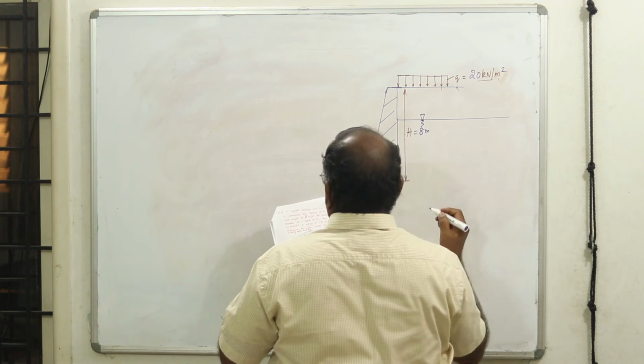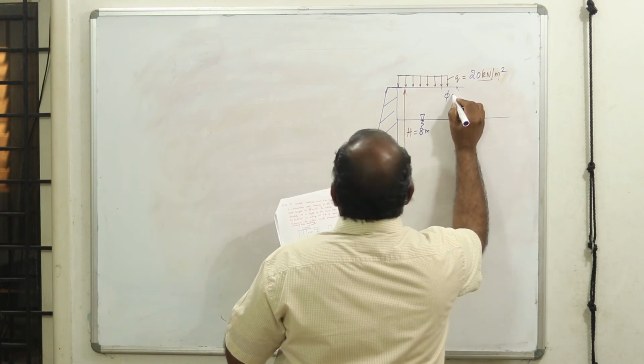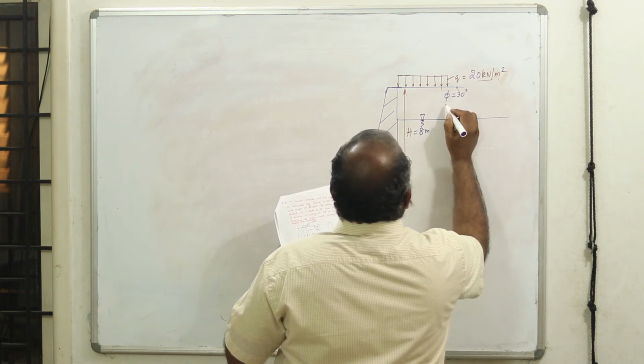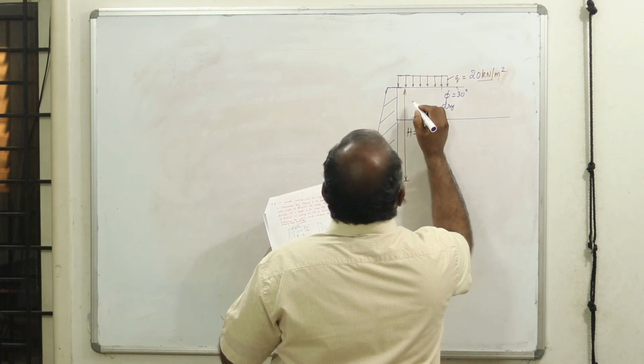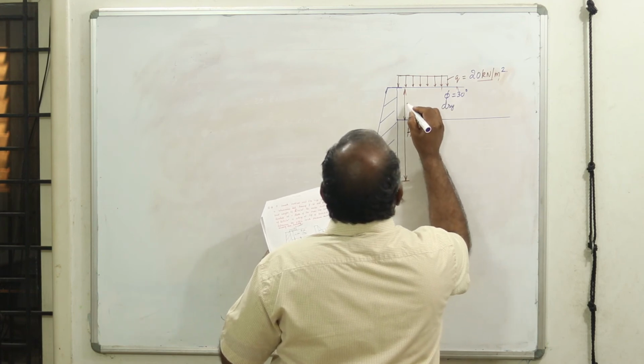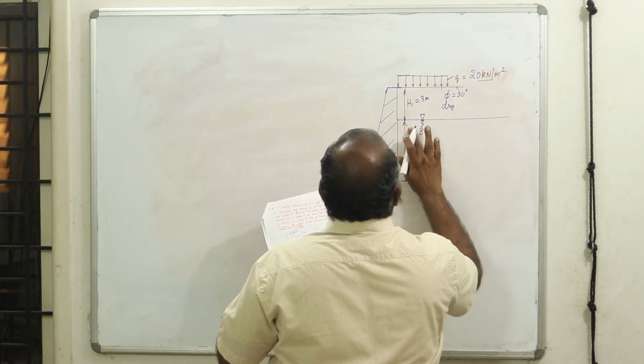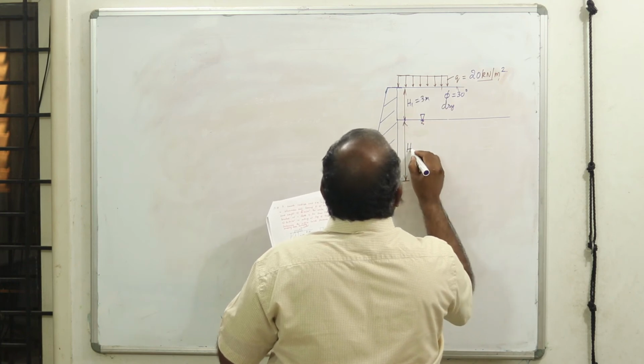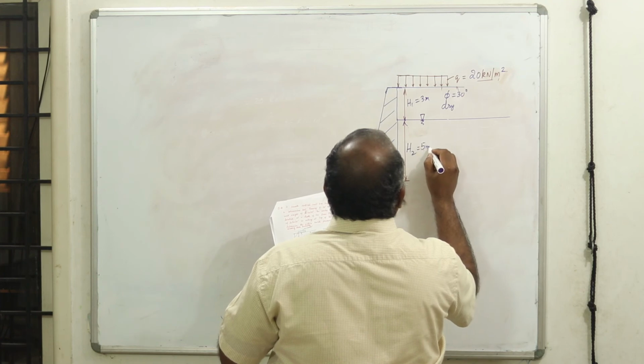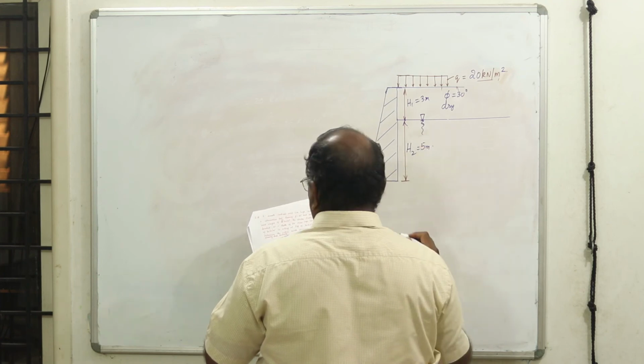The phi value of the first layer is 30. It is dry. This H1 is 3 meters. This H2 is 5 meters and has a water table.